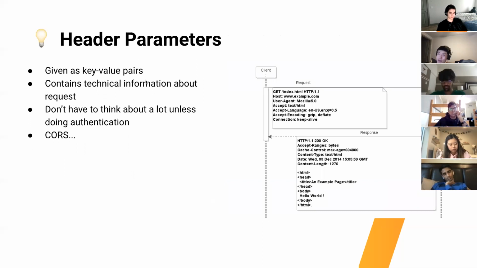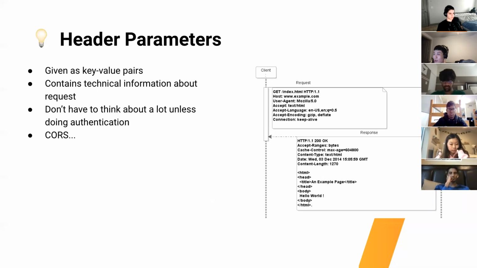Okay, so the last kind of parameter is a header parameter. In this request, you have all these header parameters like the host and the user agent. The user agent is what you're making this request with, which in this case is Firefox. Accept is what kinds of response formats you can accept.